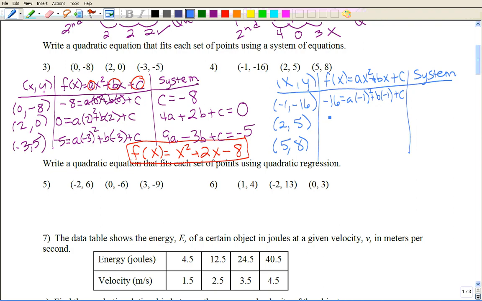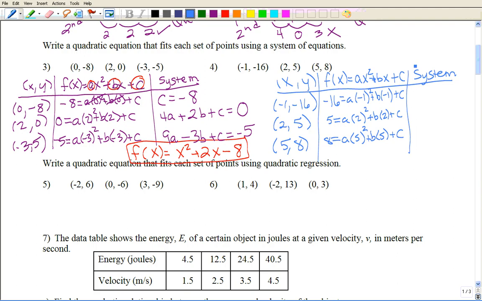Next, I'll have 5 equals a times 2 squared plus b times 2 plus c. And then finally we'll have 8 equals a times 5 squared plus b times 5 plus c. So let's go back and simplify these for the third column.